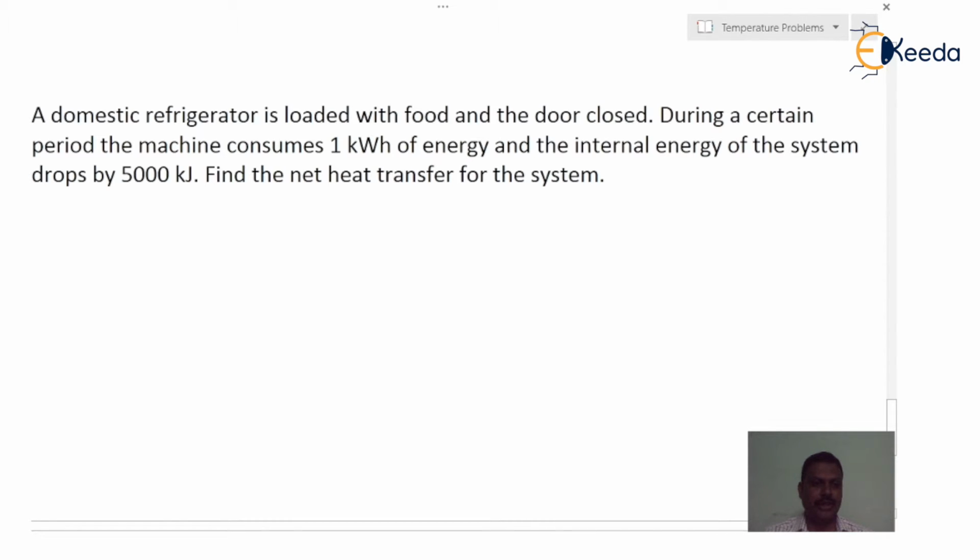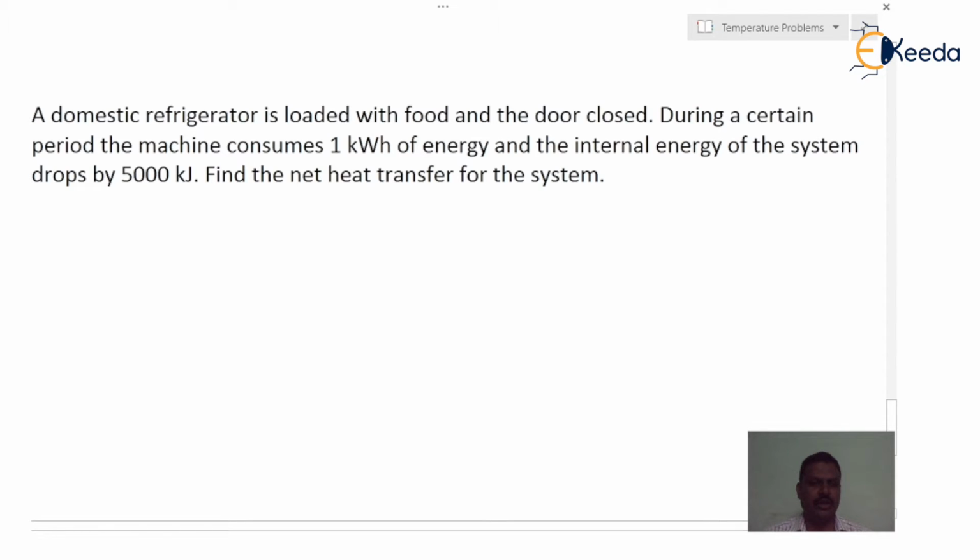During a certain period, the machine consumes 1 kilowatt hour of energy, and the internal energy of the system drops by 5000 kilojoules. Find the net heat transfer for the system.